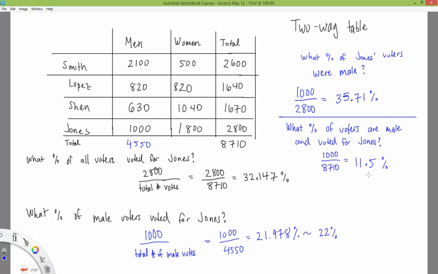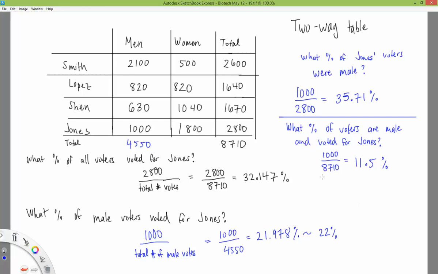Okay, so I guess we should note that questions can be phrased just ever so slightly differently, and the resulting implication or answer is pretty drastically different, right? Is this okay? Yeah. All right.